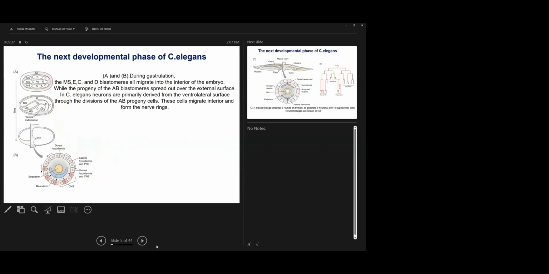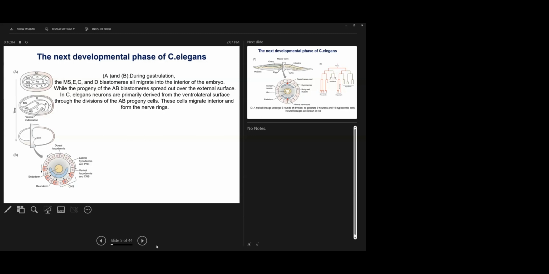So here is the next stage of development which I talked about in the previous slide. You have the AB blastomere. It comes outside to form the ectoderm, which consists of the hypodermis and nervous system, and other cells like the E cell come inside of the embryo and form the other internal organs.